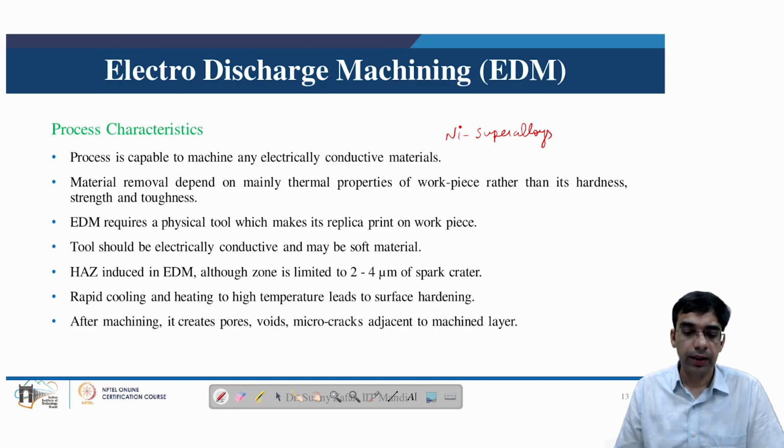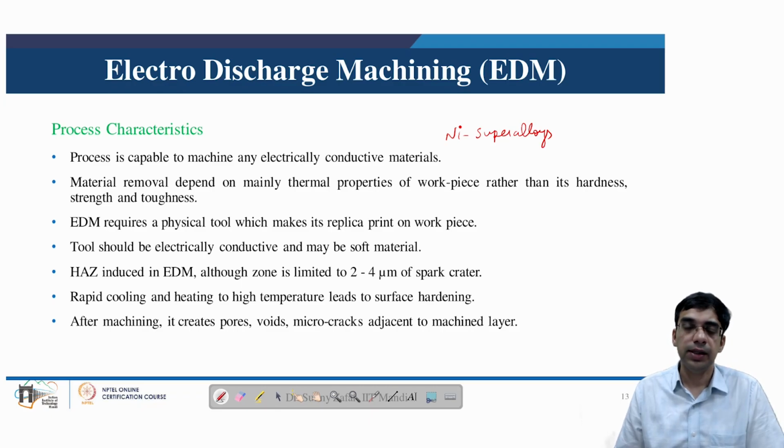blade. The EDM also requires a physical tool which generally makes its replica print on the workpiece. So whatever is the form of the tool, a similar replica is generated by removing material. And the tool should be electrically conductive and it may be a soft material. The heat affected zone in EDM is limited to a short distance of 2 to 4 microns below the spark crater.